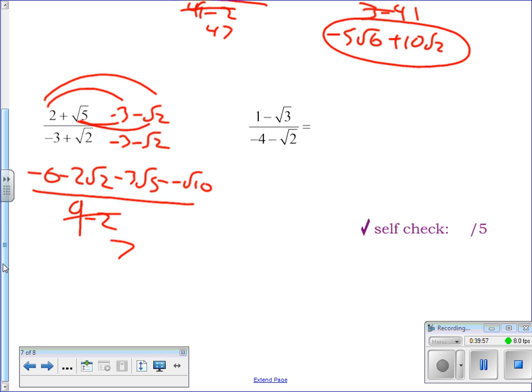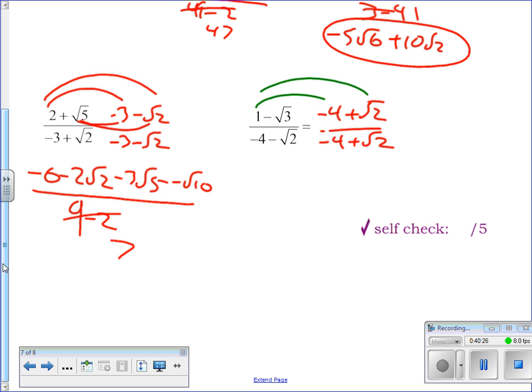Okay? Same thing on the last one. Negative 4 plus root 2, negative 4 plus root 2. Foil it out. 1 times both of those. That makes that nice. Actually, I'm going to change colors for this part because it's a little close to the other one.